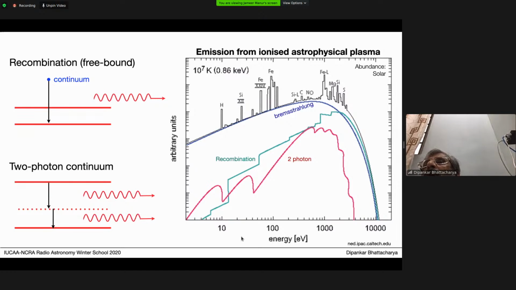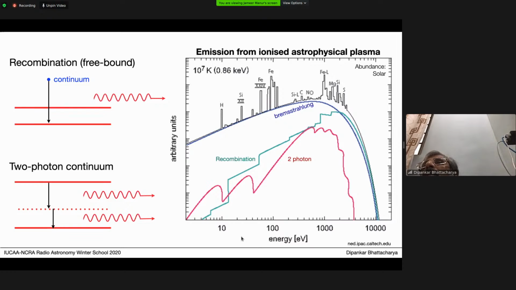So on the right-hand side, I've shown a typical expected spectrum from a hot ionized astrophysical plasma at 10 million degrees Kelvin. And you can see the blue line at the top is the Bremsstrahlung, which is the dominant emission, certainly at energies typically lower than kT. And then there are these other processes, the recombination, shown in the green line, and the two-photon continuum in the red line, which also contribute to the total emission.